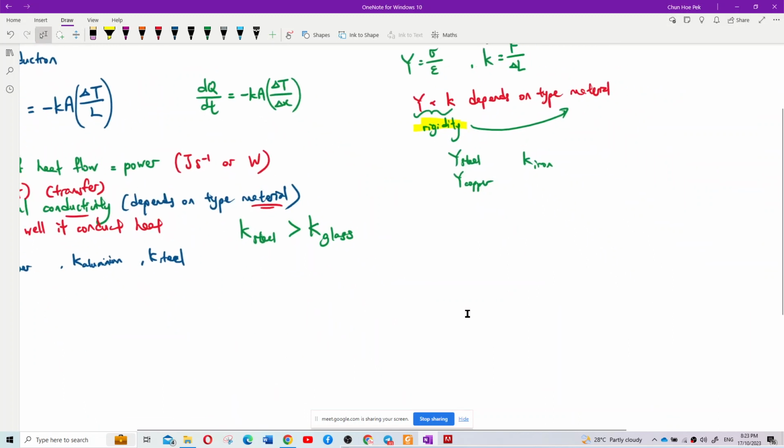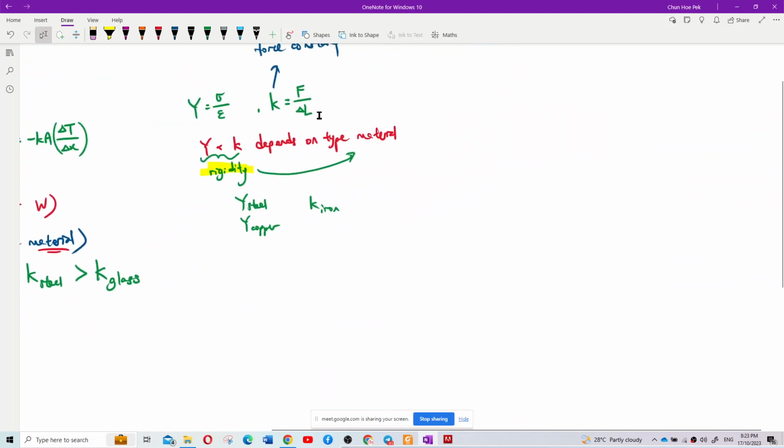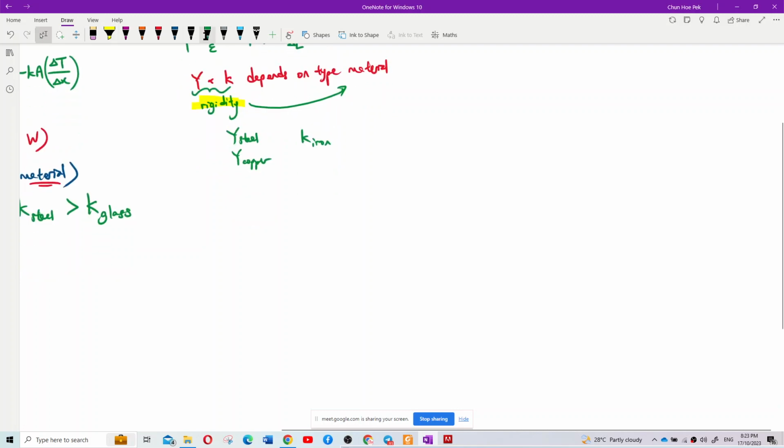K is also used as the Boltzmann constant, but you haven't learned about this one.